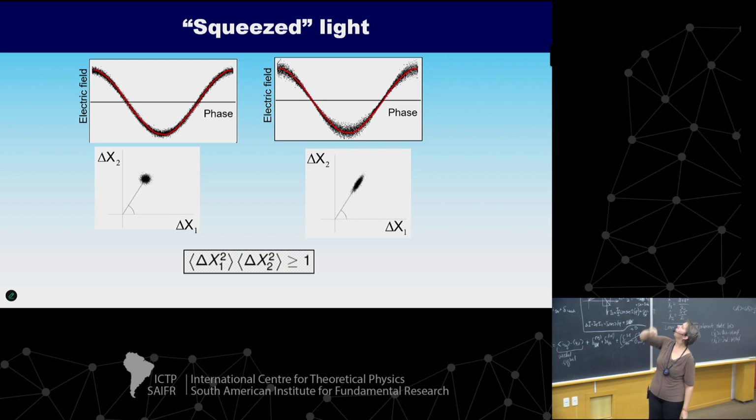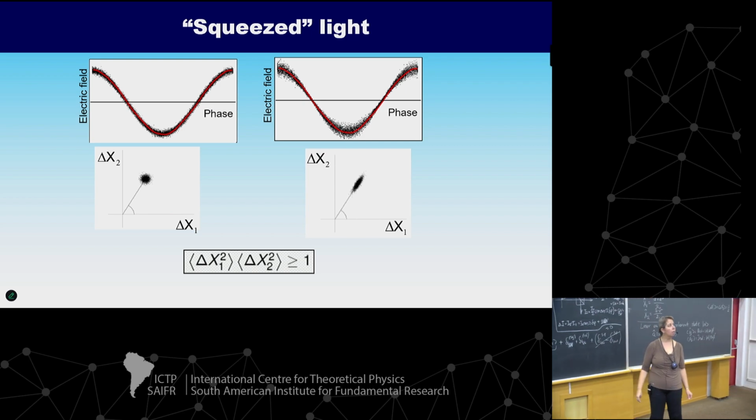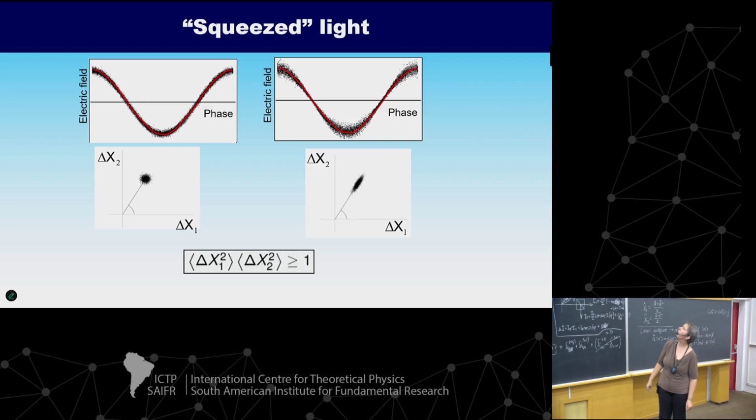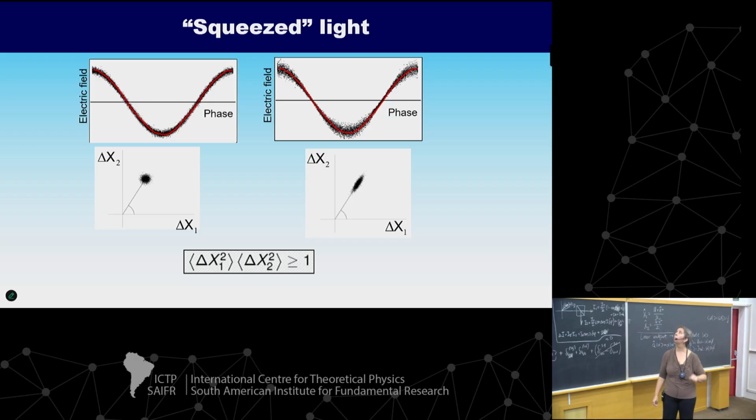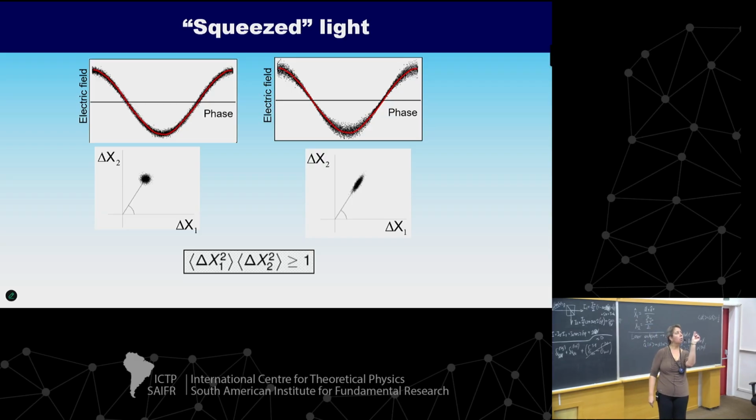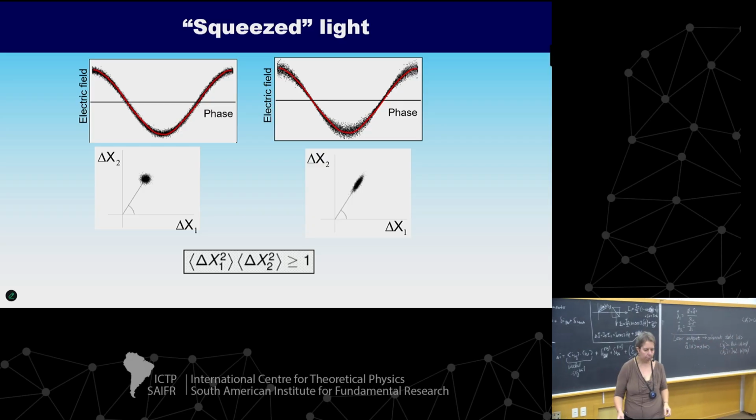This one, for example, represents a noisy squeezed state, which is the phase squeezed state. You can see that if you look at the phase, that's where it crosses the zero line. That's how you're going to measure phase. It's much better, at the expense of much larger amplitude noise. But again, if you want to measure phase, maybe you don't care about this.